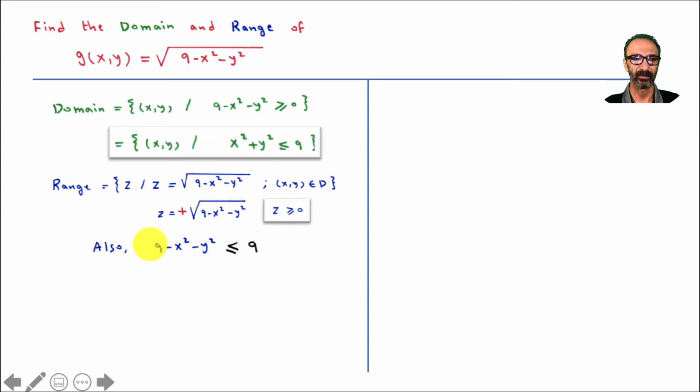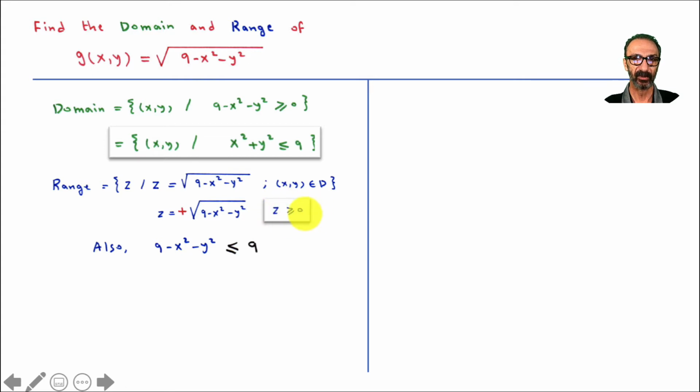Now notice, which is interesting right here, that 9 minus x squared minus y squared is not going to exceed 9. Anything you put here is going to reduce the value that you have. It's 9 minus something; you always have 9 and you're deducting some amount out of 9. So two things.